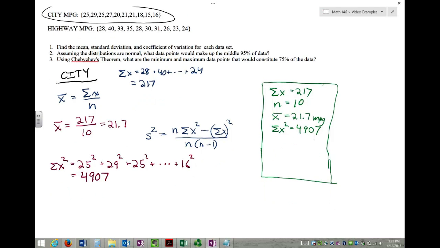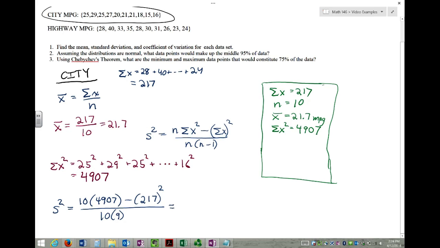And so we have all the information we need. We have n, we have sigma x squared, we have sigma x itself, and of course n times n minus 1. So let's go through and find the variance and standard deviation. Okay, so s squared is going to equal 10 times the sum of squares, minus, now over here, this is sigma x, the whole thing, squared. That's the difference. Over n times n minus 1.